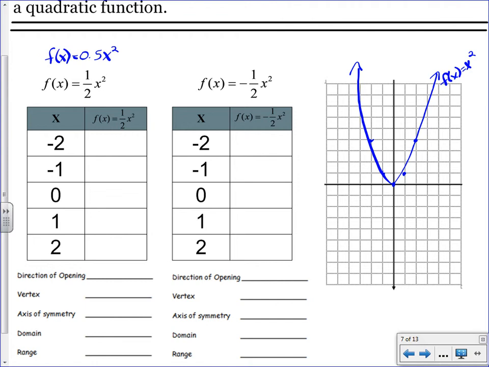Okay, Zach, f at -2, what do I get here? When f at x equals 1/2 x squared, I get 1. Ben, what do I get when f at -1? What would you put in your calculator for that? You get 0.5. Yep.